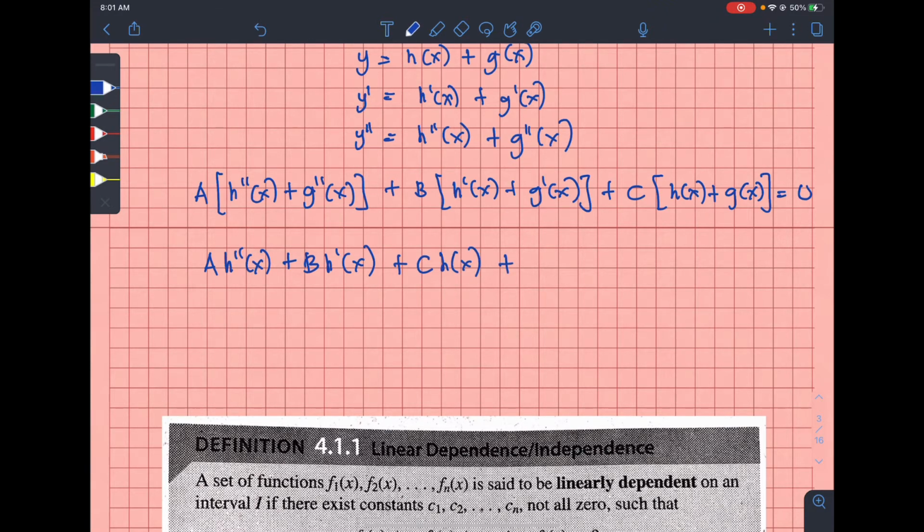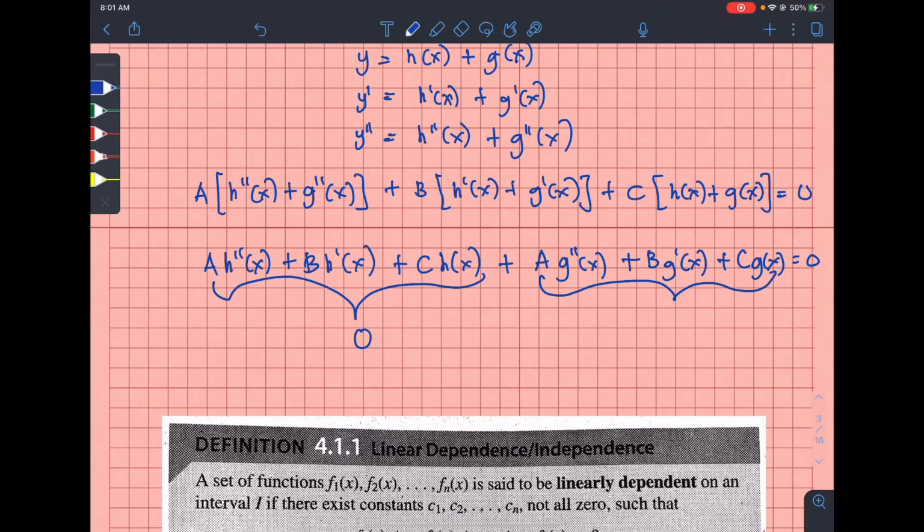And again, plus a, g double prime of x plus b, g prime of x plus c, g of x equals 0. And as you can see here, this is 0. Again, this is 0 as well. So therefore, 0 is equal to 0.